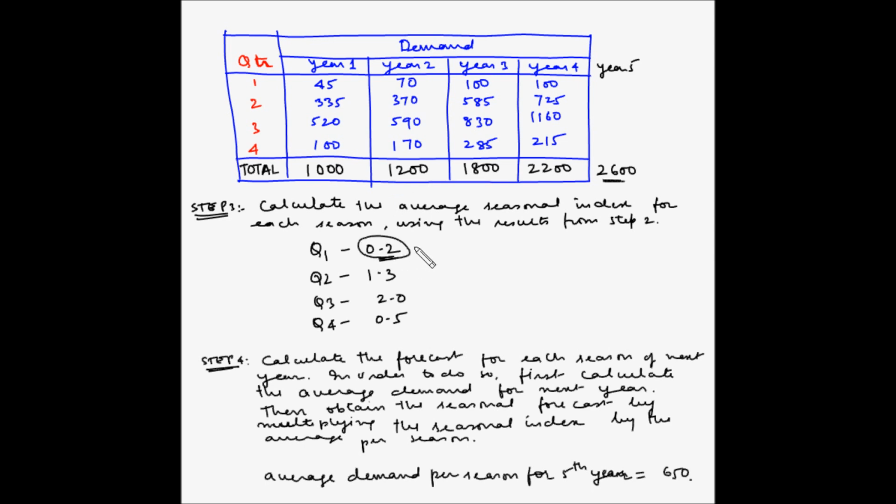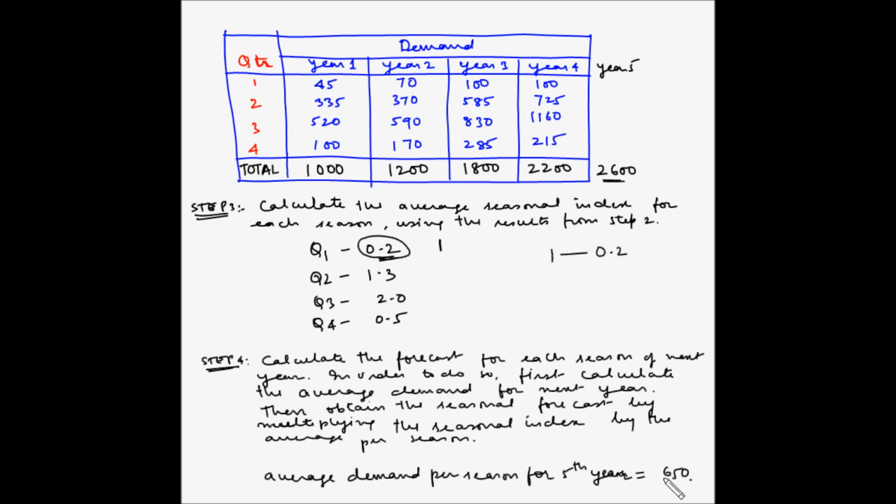if the average forecast for Q1 is 1, then the seasonal forecast is going to be 0.2. So if it is 1, then the seasonal forecast is 0.2.